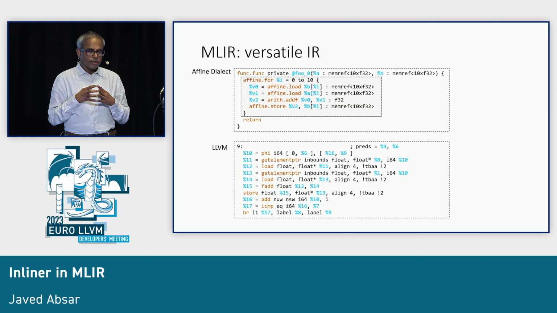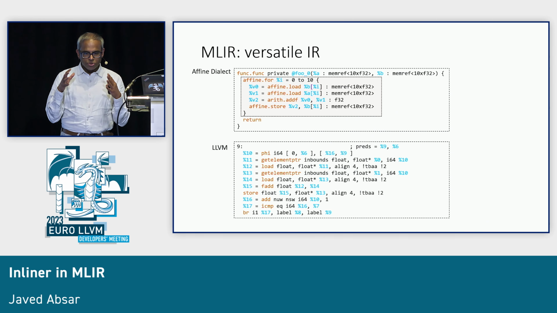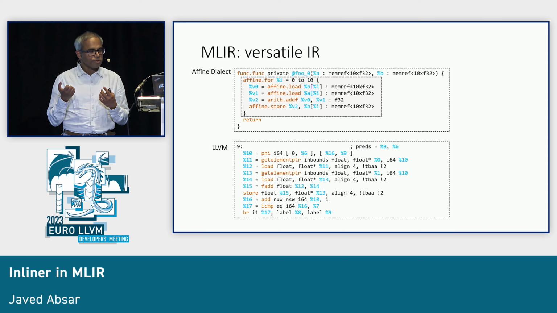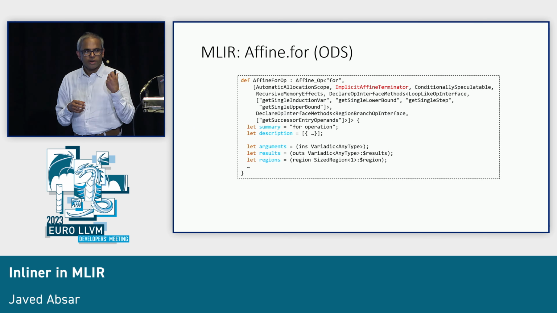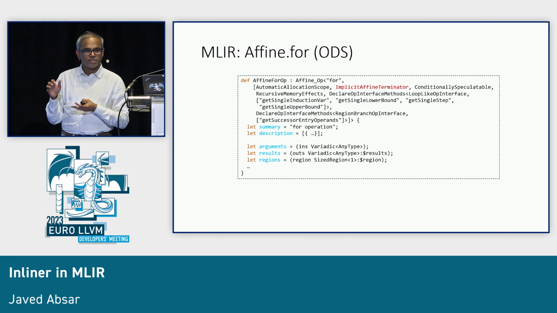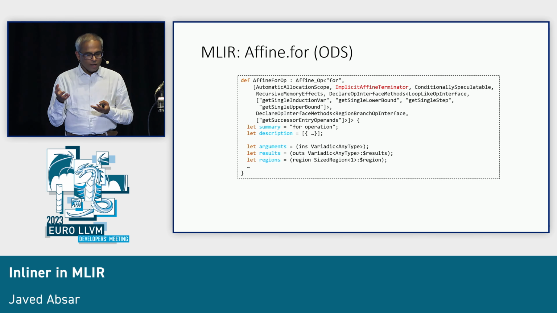And then the question is, is there some structure to it? The semantics may not be available to me as a transform writer, but is there a structure? And yes, there is. Just as Alex was showing previously, this is a TableGen description of the Affine.for.